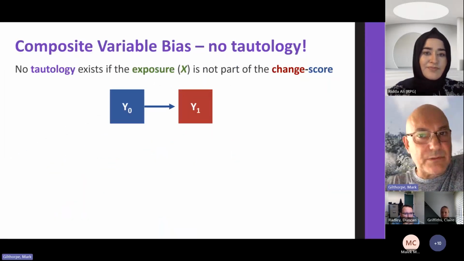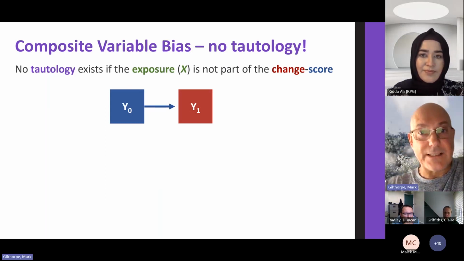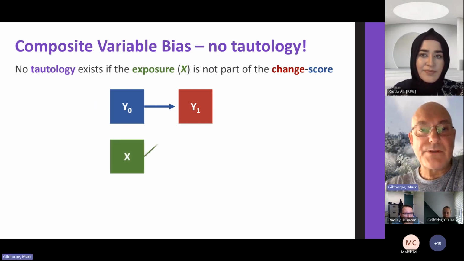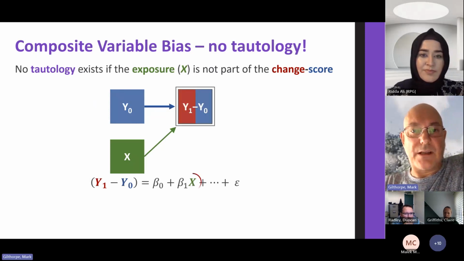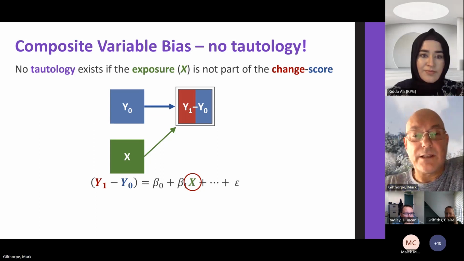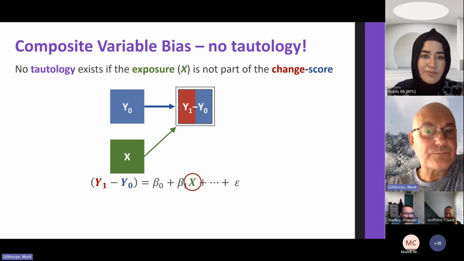So why is that a problem? Well, this is an example where we can't see the tautology because it doesn't exist, but it is still a problem. So if we consider an exposure of interest that may affect change in our outcome, then regressing the change score directly on that exposure doesn't appear to have any mathematical problem, because X is quite happily on the right-hand side only.